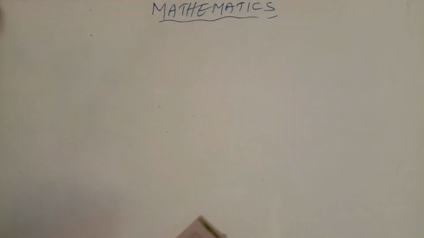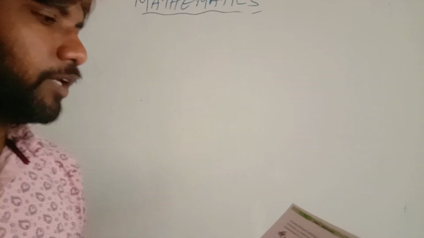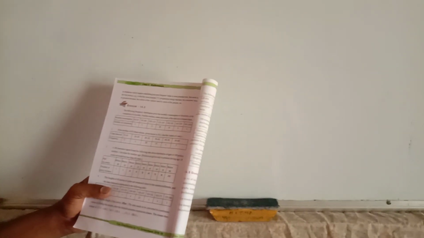The question is like this: the following frequency distribution gives the monthly consumption of electricity of 68 consumers of a locality. Find the median, mean, and mode of the data and compare them.